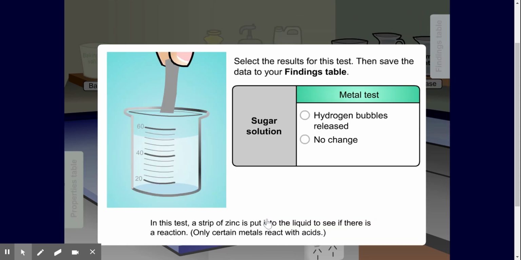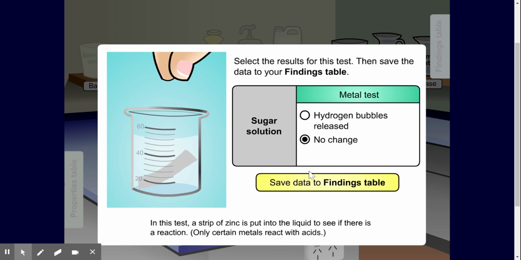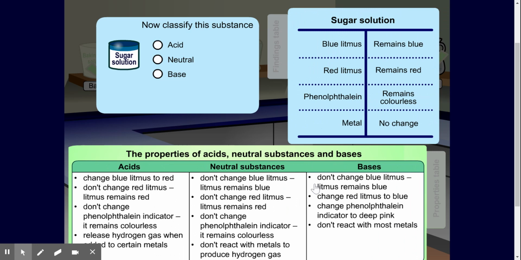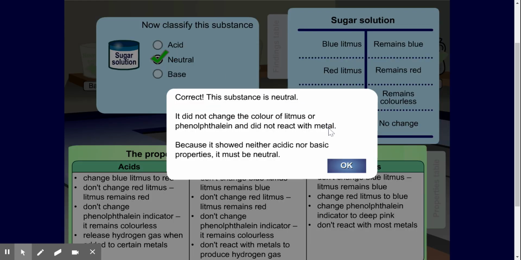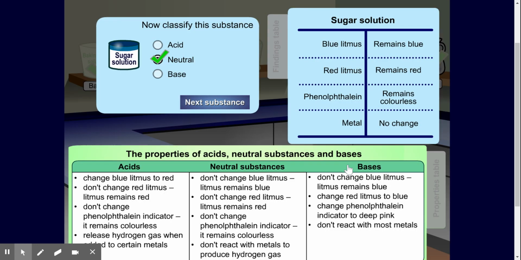And then finally the metal. We see no change. Since the litmus papers both stayed their color, the phenolphthalein did not change, and there was no reaction with the metal, that compares with the neutral substance. So sugar is neutral. And then we go to the next.